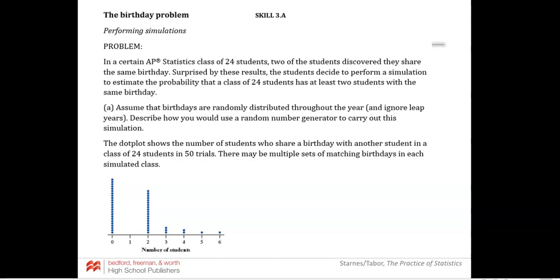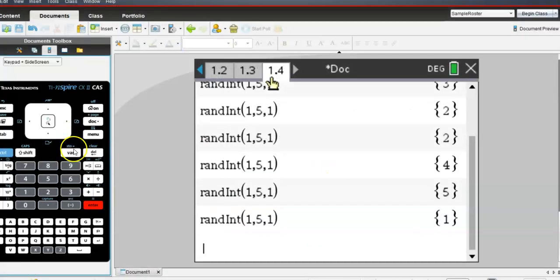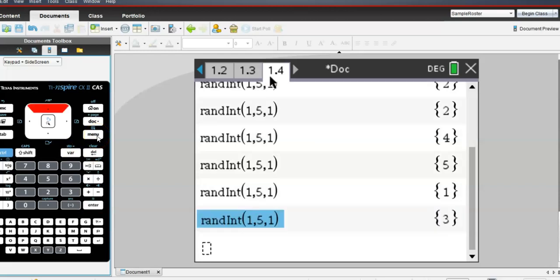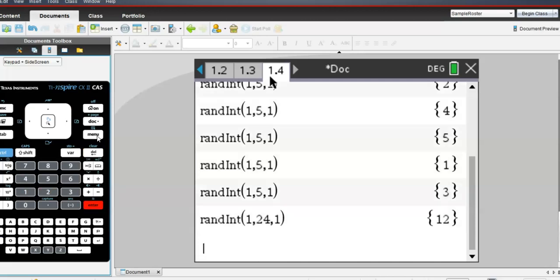So I think you would probably do something like randInt 1 through 24. If we had a calculator out here, we'd say randInt 1 through 24, comma 1 maybe. And if we have 24 students, that would be the first student.